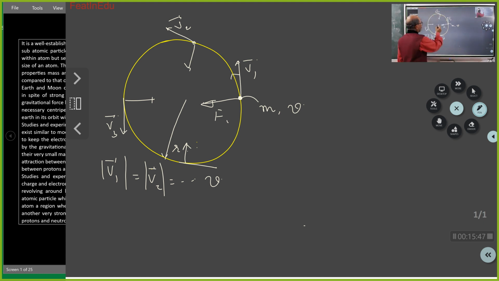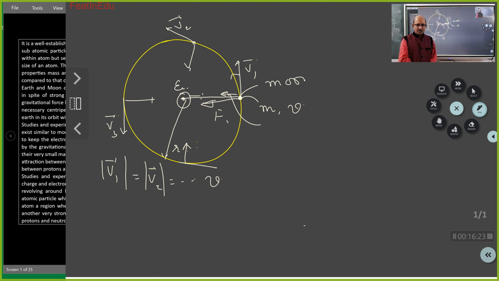For this particle, some external agency should provide the centripetal force. For example, suppose you have tied a stone to a string and you are rotating it. Then the tension in the string becomes the agency for providing the centripetal force. Are you with me? Yes, sir. Now, in the case of the moon and the earth, the gravitational force becomes the agency for the centripetal force.